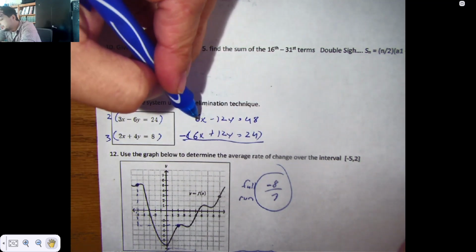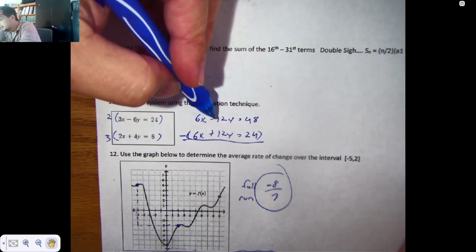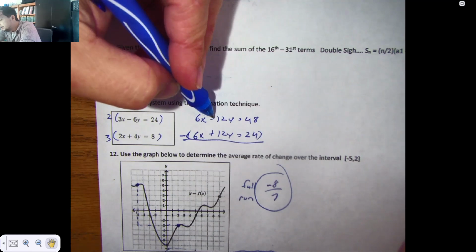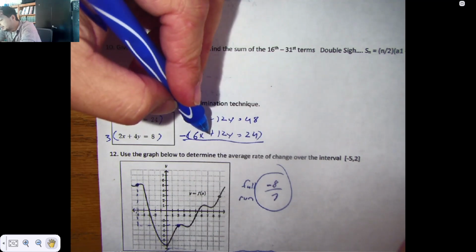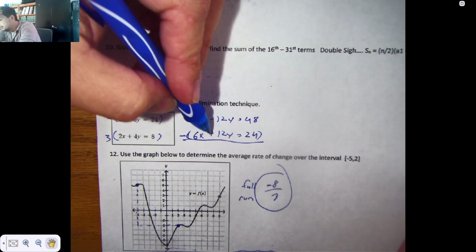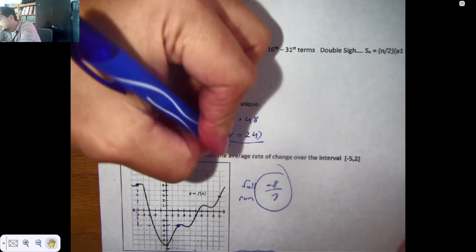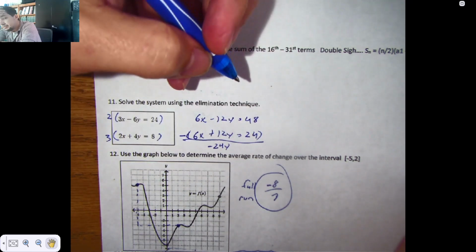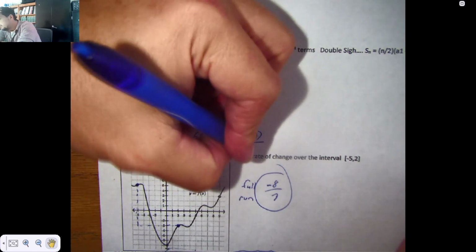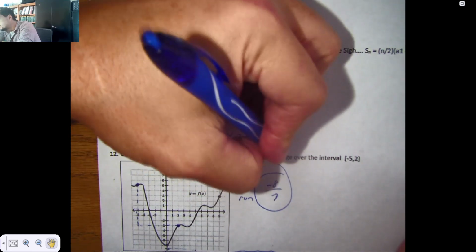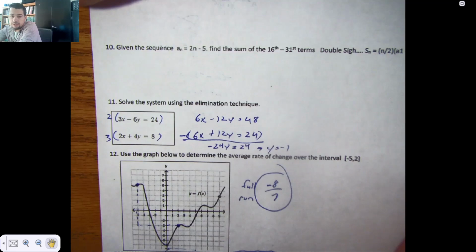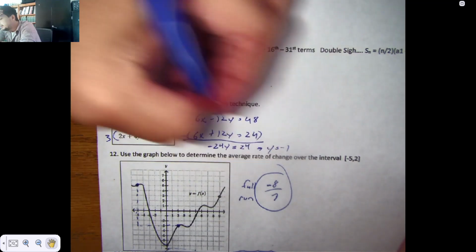So I'm doing subtraction to make these x's disappear. A -12y take away a +12y is -24y. And a 48 minus a 24 is 24. And this work gets me that y is -1. So now that I know what y is, I can plug it back in.